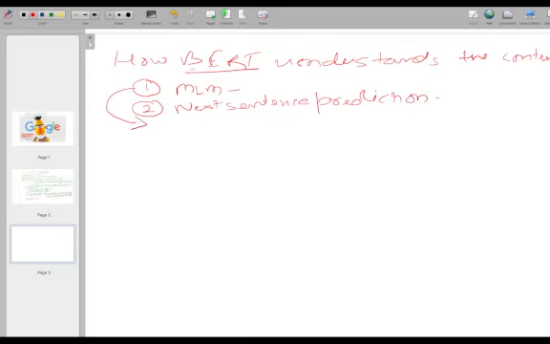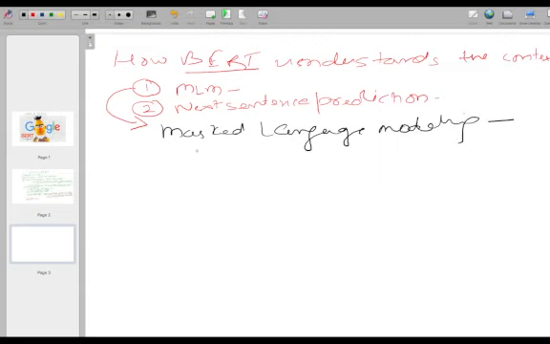Let's try to understand this one first. MLM is basically masked language modeling. What is this masked language modeling?